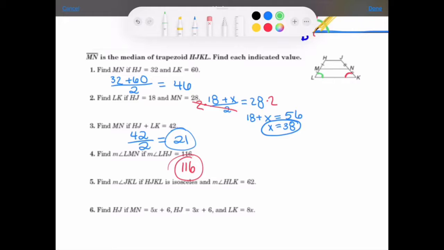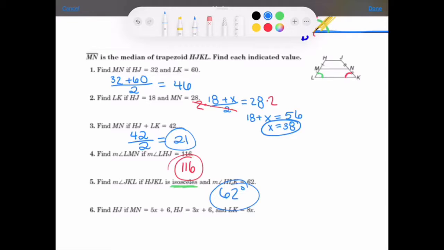Now, moving back to our properties, our third property said that the base angles of an isosceles trapezoid are congruent. And what do we have? We were given that this is an isosceles trapezoid, and we were given one base angle and asked to find the other. So if one base angle is 62, guess what? The other one is 62 degrees as well.